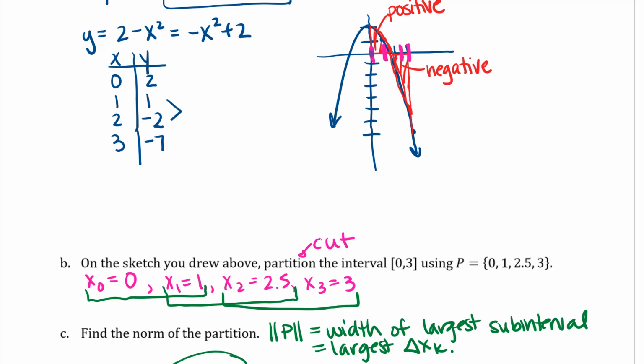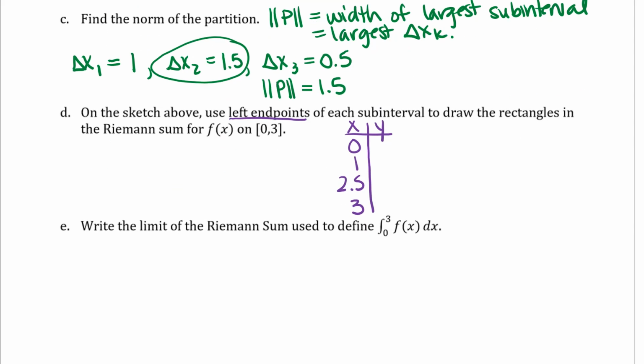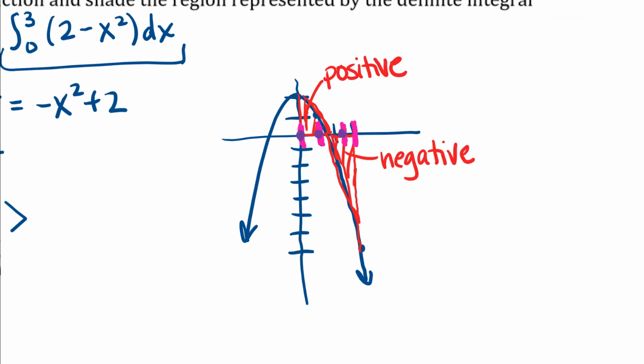On that last subinterval, I'll be using 2.5, and then that's the last subinterval. So I don't really need the one at x equals 3. So really I just need these 3 values here. All right, so I'm going to use those x equals 0, 1, 2.5 to draw my rectangles here.